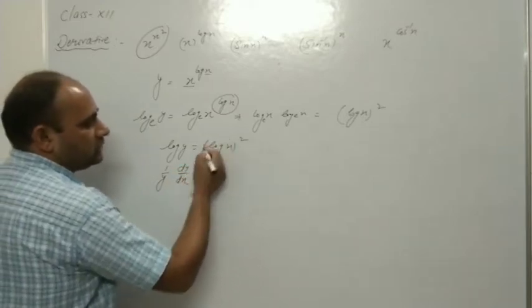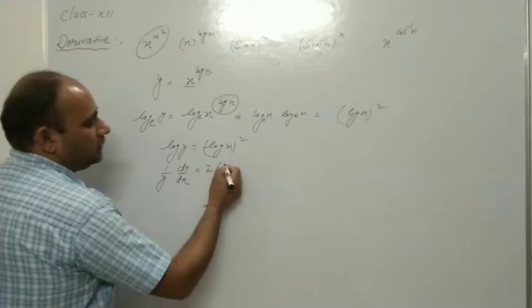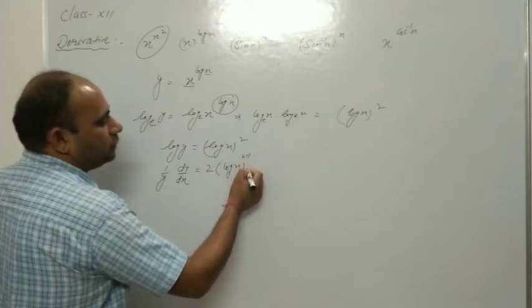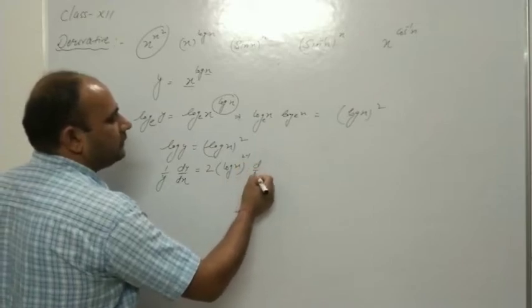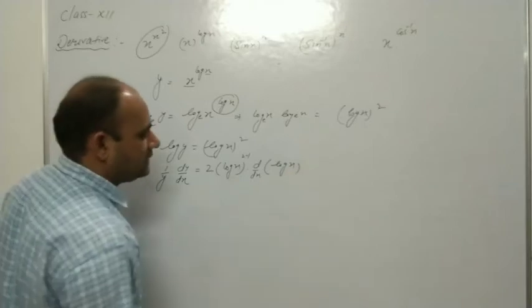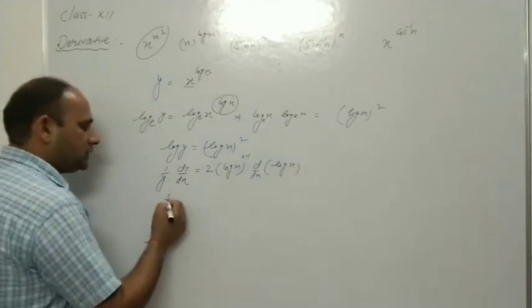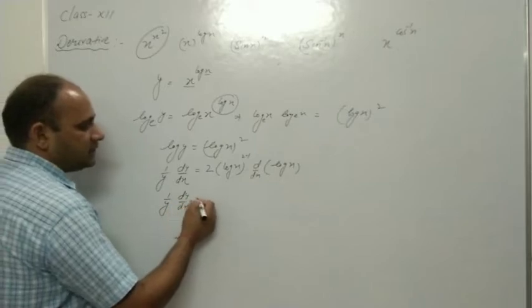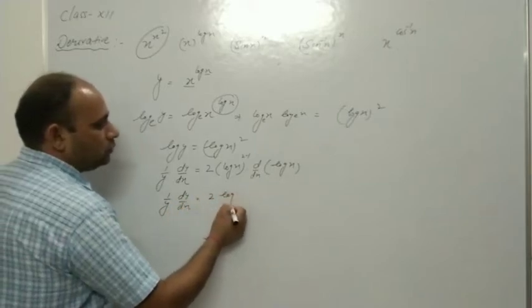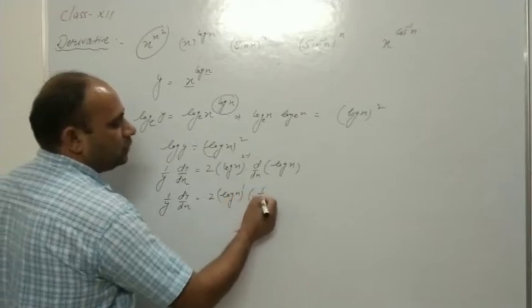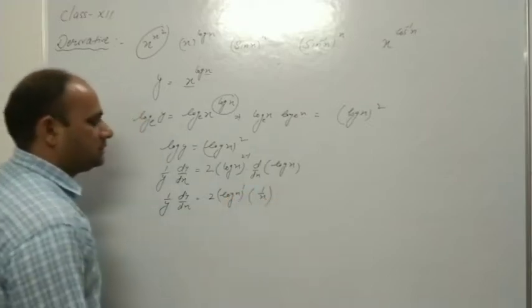Here, first the derivative of the power: 2 into (log x) raised to power 2 minus 1 into the derivative of log x. So it is 1 upon y dy by dx equals 2 log x, and the derivative of log x is 1 by x.